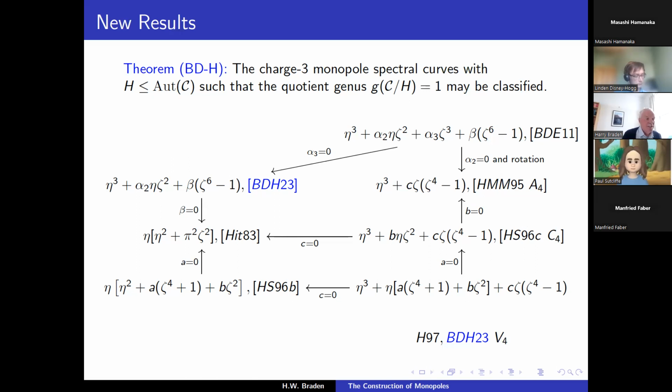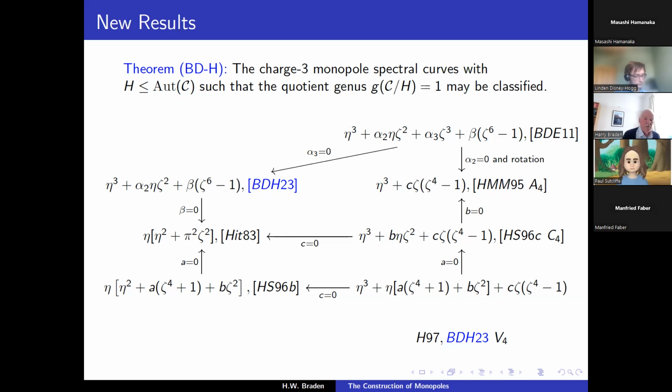Sadly, I'd thought that this was totally new, but it turns out that in Houghton's 97 thesis, curves of this form were considered, but Connor there only solved for a particular restricted subset. And what Lyndon and I have done is we've solved for the general monopoles in this class.